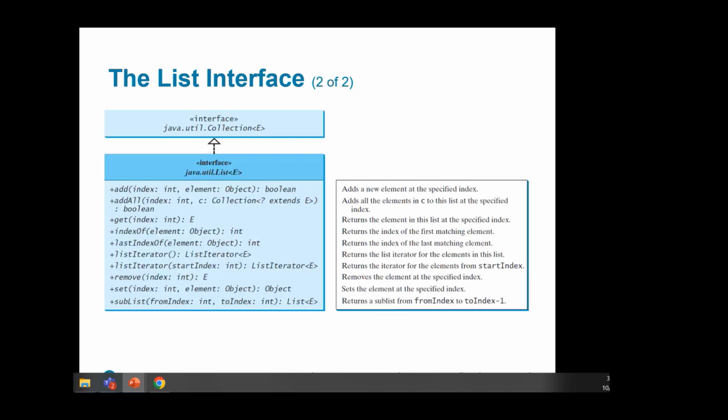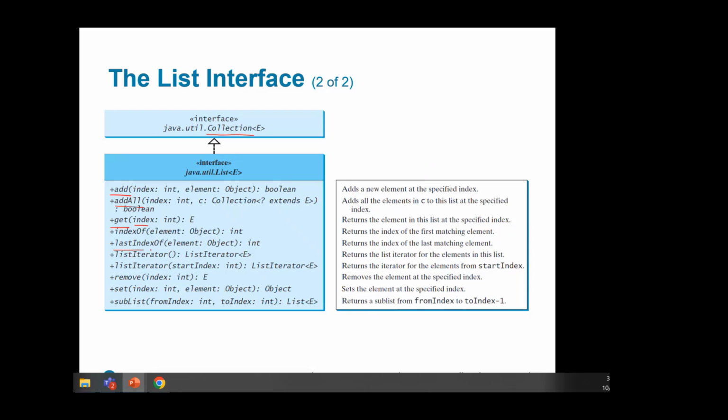When we are talking about list, it is coming from the collection interface and it has this functionality. We can add all, as we just saw. We can get a particular value at a particular index, so here we can pass the index value. So get 2 will give us the value at index 2.